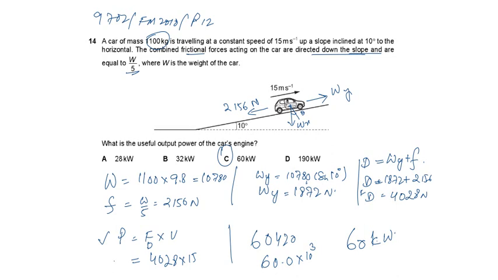The total driving force will be the sum of the frictional force and the component of the weight of the car. So this is the main catch of this question.